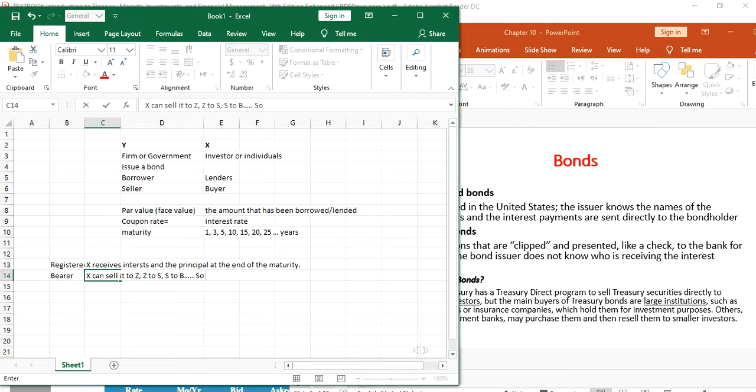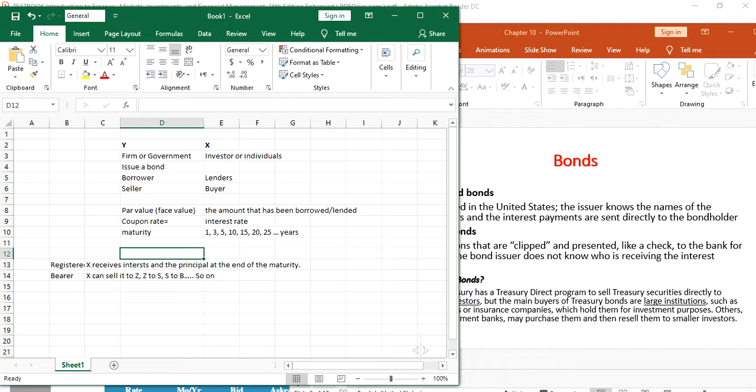So the investors will sell among themselves, looking for a return, looking for extra earnings. How would that happen? When the market interest rate is different from the coupon rate, there is an opportunity to make some money selling the bond before the maturity.